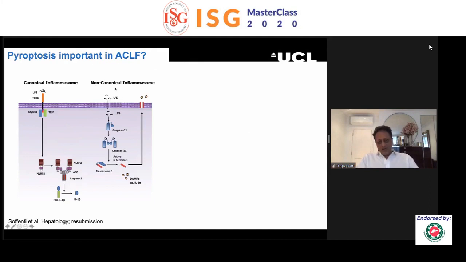So what he showed is that LPS can either signal through the TLR4 system, which I've already described to you, but LPS can also enter the cells and work through a separate system, which is called the non-canonical inflammasome. And what it does here is to form this substance called gasdermin D, which is cleaved and leads to the release of these DAMPs, such as IL-1, but also makes holes in the cells, just bursts the cells.